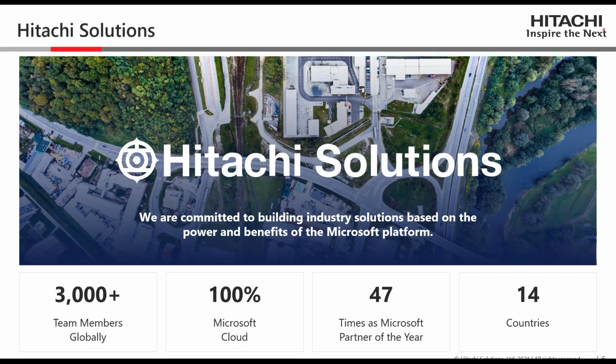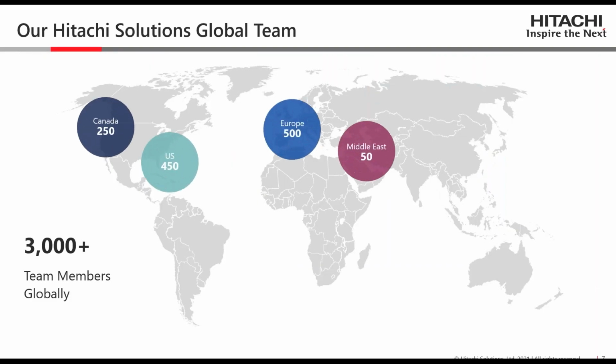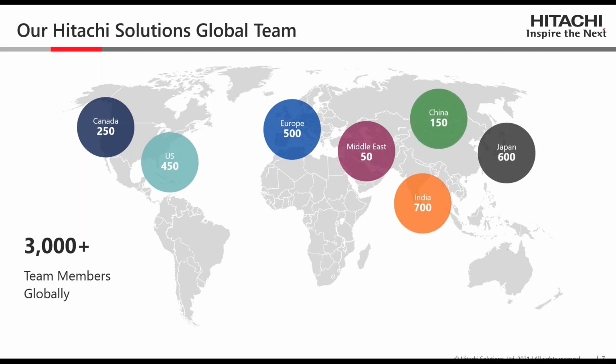And we have been named as the Microsoft Partner of the Year for 47 times now. And if you see, our teams are spread uniformly across the different regions, starting right from Asia Pacific to Europe and to the Middle East and North America.